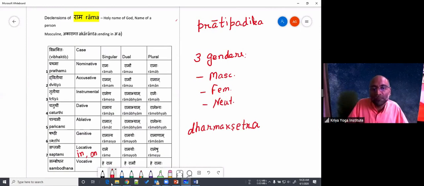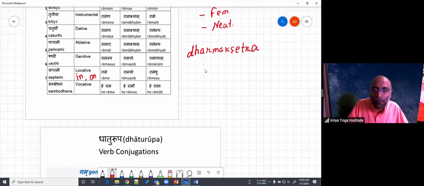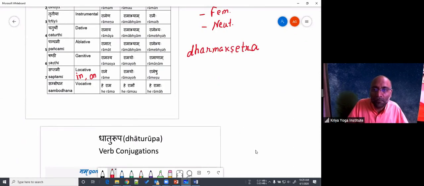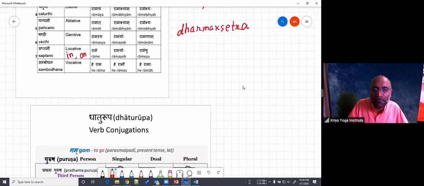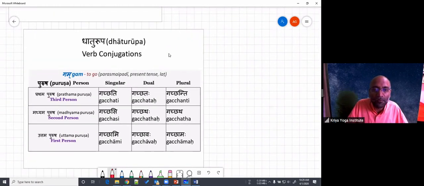If you say 8 cases, even though technically we say 7 cases because the 8th is always vocative, but if you just look at it from the table perspective, it is 8 into 3, 24, or if you say 7, then 7 into 3, 21. They may look like a lot, but they are not actually. And once you start using it, you will see that it is not so difficult.